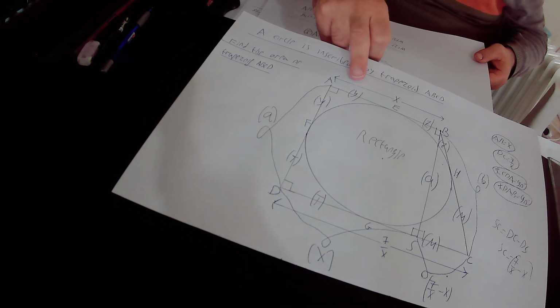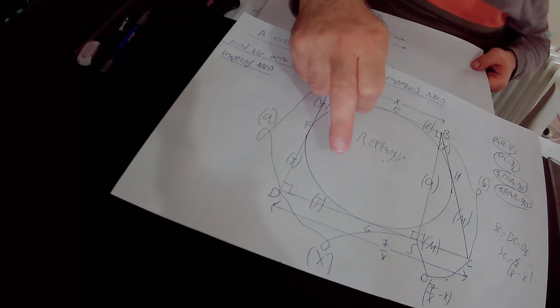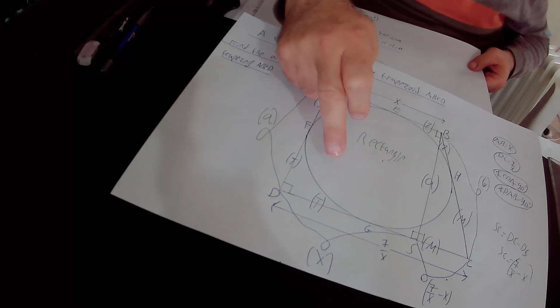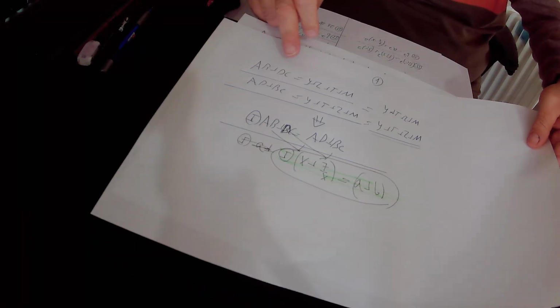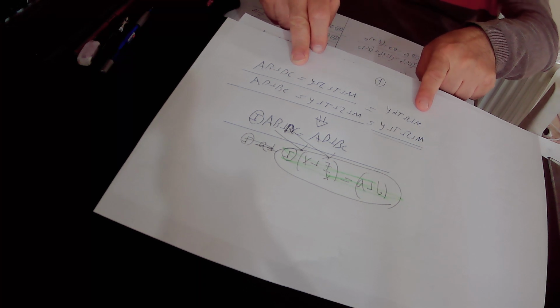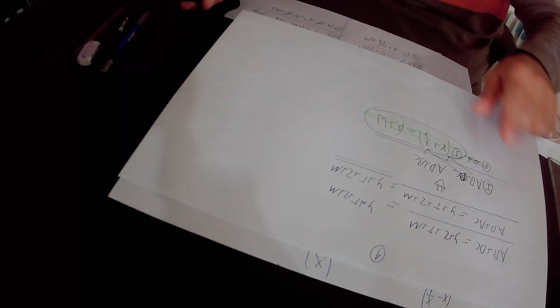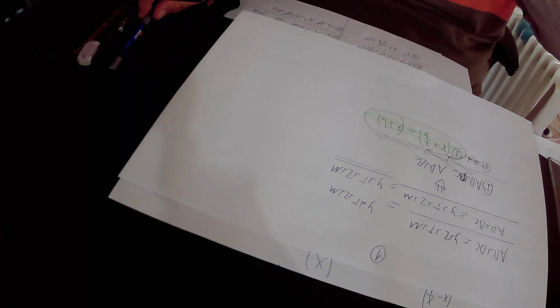AB is Y plus Z, and DC is T plus M. So in total, AB plus DC equals Y plus Z plus T plus M. Repeat again. In total, AB plus DC equals Y plus Z plus T plus M.